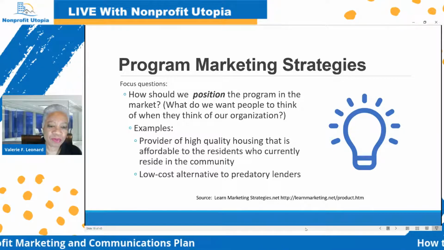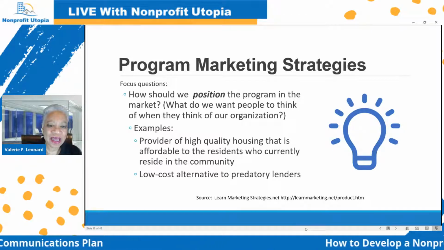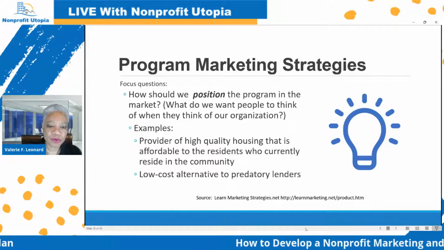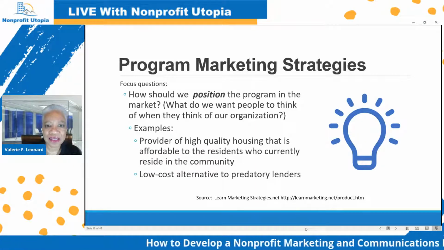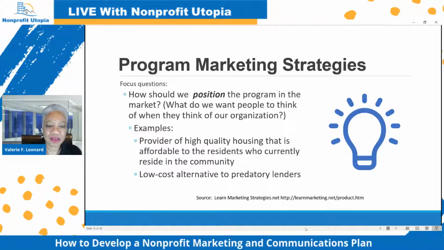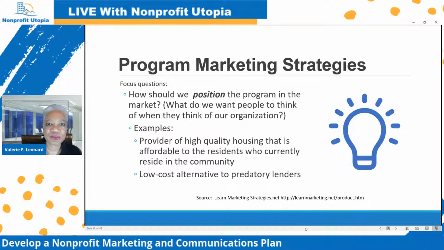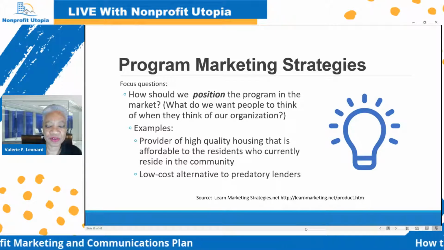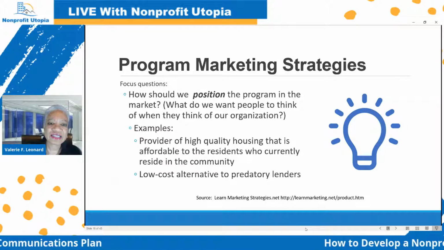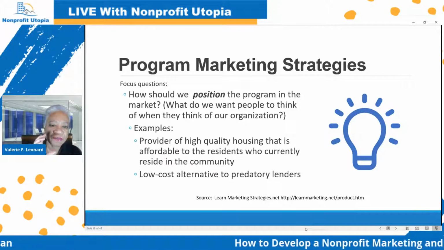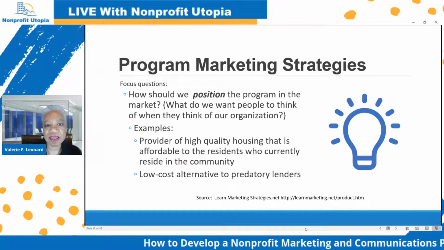For example, a provider of high quality housing that is affordable to the residents who currently live in the community, with a low cost alternative to predatory lenders. All right, so that's a way of positioning yourself in the market.